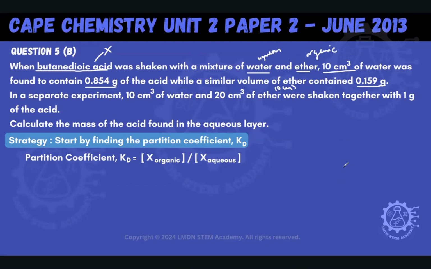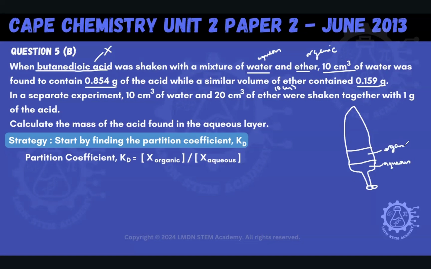Just as I did a while ago, I'm going to sketch my separatory funnel again after everything has equilibrated. Here are my two layers. The lower layer is our aqueous layer, because water is more dense than the organic solvent, which is ether.